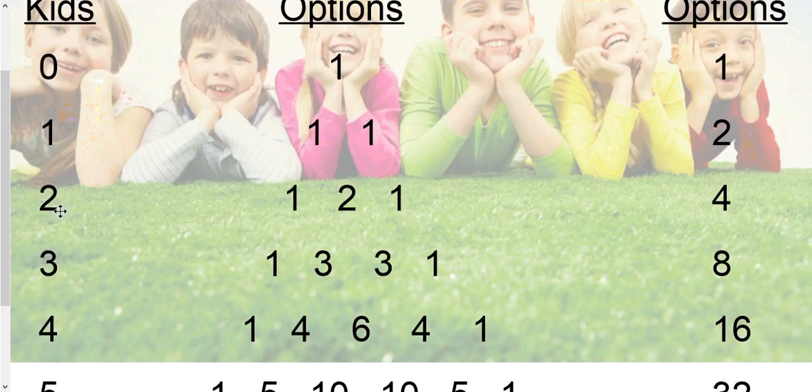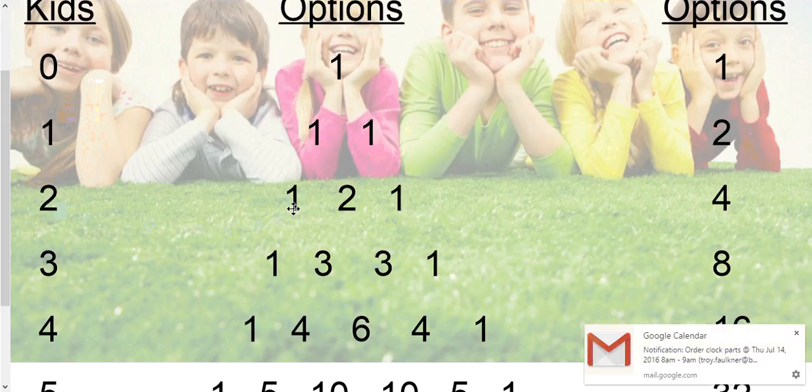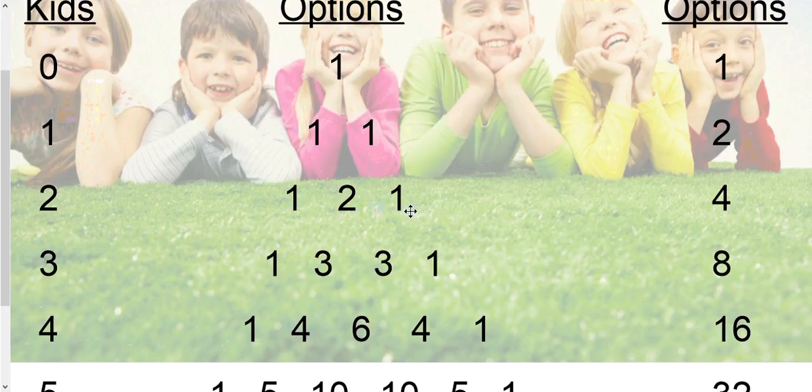A family of 2, where you could have one way to get 2 girls, 2 ways to get 1 girl, and one way to get 0 girls. And that was a total of 4 options.